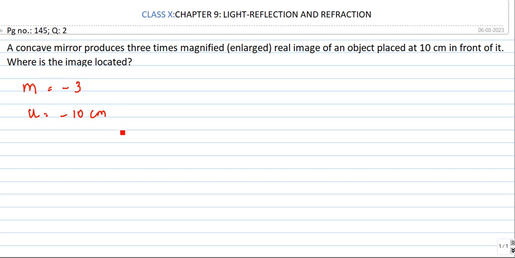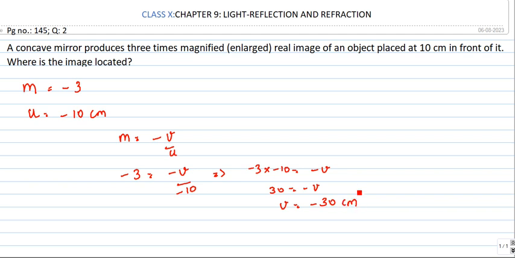So what we have to find out, where is the image located? So we have to find out v from this. So how are these three related? m is equal to minus v by u. So minus 3 is equal to minus v by minus 10, which implies minus 3 into minus 10 is equal to minus v. So 30 is equal to minus v. Your v is equal to minus 30 centimeter.